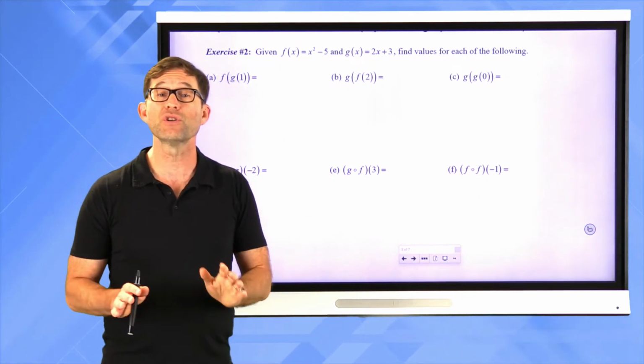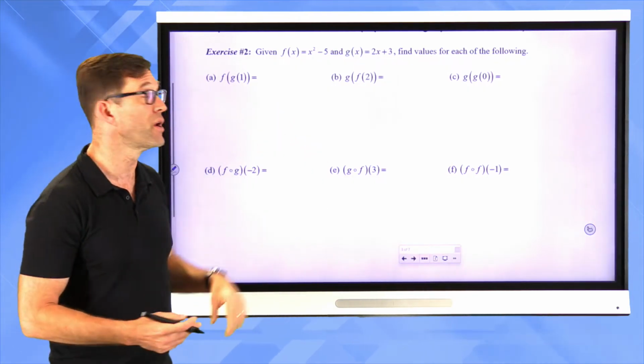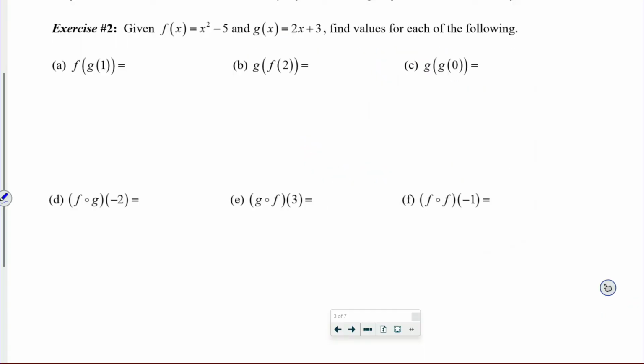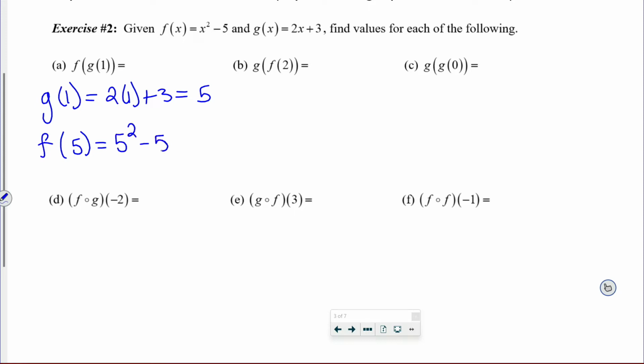So there's no question in my mind in this particular notation, all right, I first need to figure out what g of 1 is, and that's 2 times 1 plus 3, which is going to end up being 5. And then I need to figure out what f of 5 is, and that's going to be 5 squared minus 5, which is 25 minus 5, and that's 20.